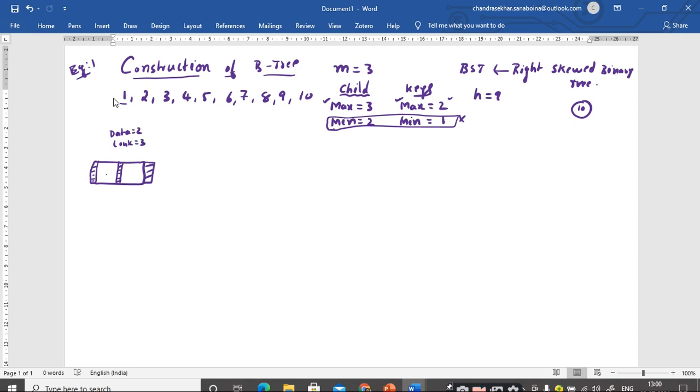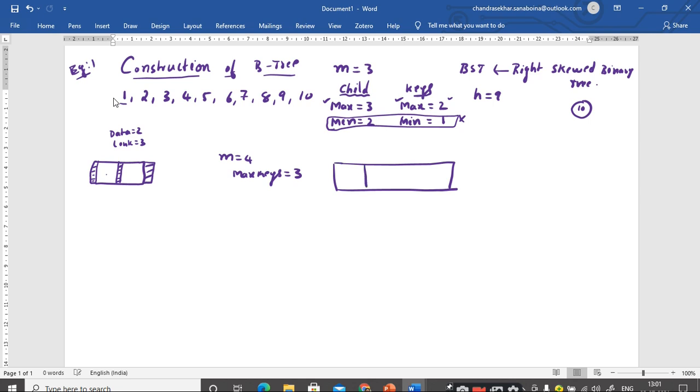For example, let me take the order as m equal to 4. Now tell me how you represent the node. If m is 4, we have to consider the maximum case, so the data parts become 3. Every node should have 3 data parts.